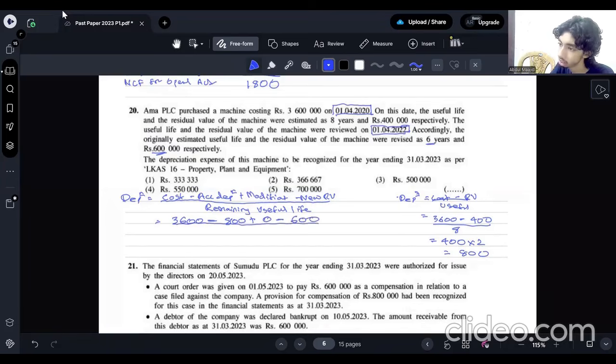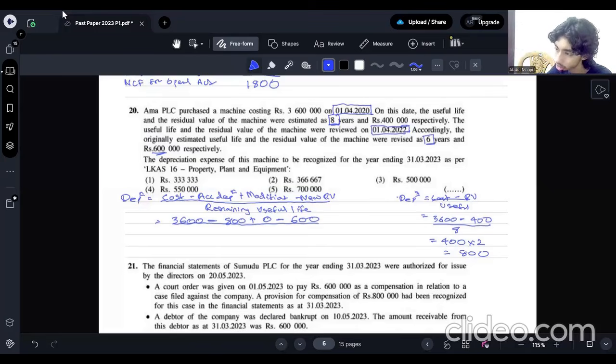Here they are saying in this question, the originally estimated useful life. What was the originally estimated useful life earlier? 8 years. They are saying this originally estimated useful life has been changed to 6 years. Now this 6 years is not the remaining useful life, okay? The useful life is 6 years.